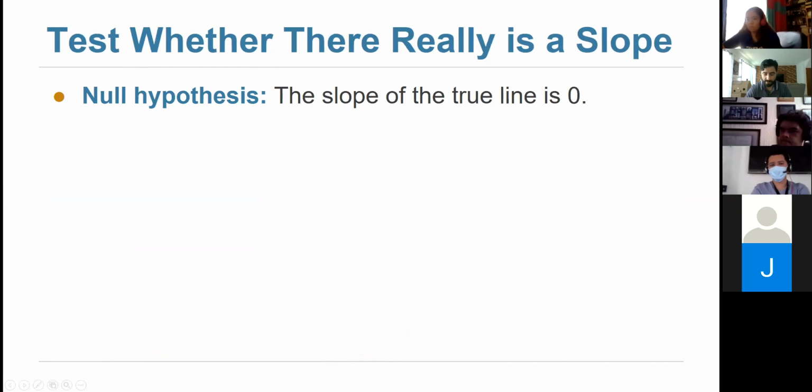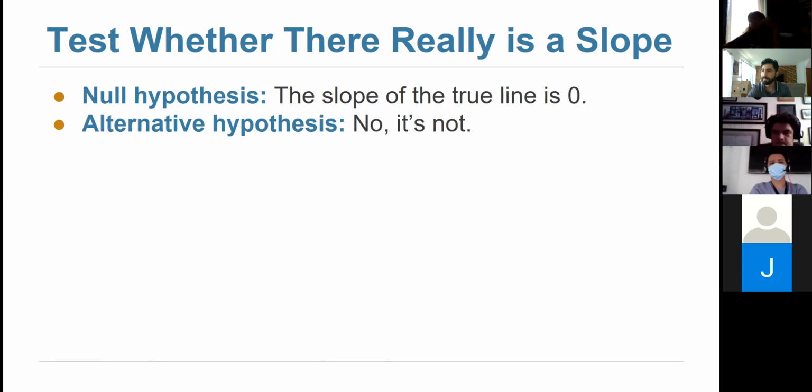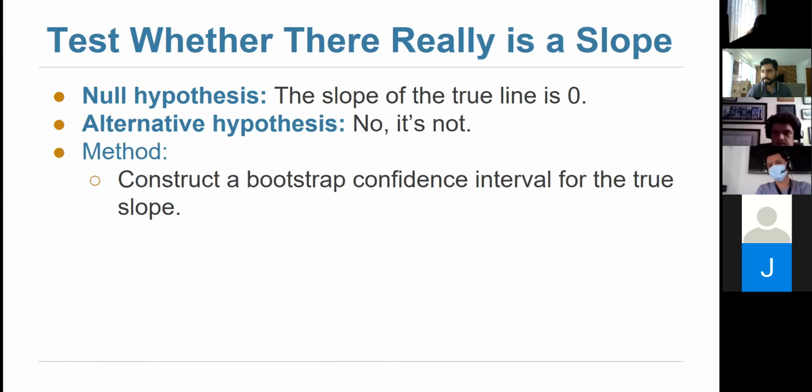We can now use hypothesis testing. The null hypothesis is that the slope of the true line is zero, for that particular example that I showed you. The alternative hypothesis is that it's not. The method is to construct a bootstrap confidence interval for the true slope.